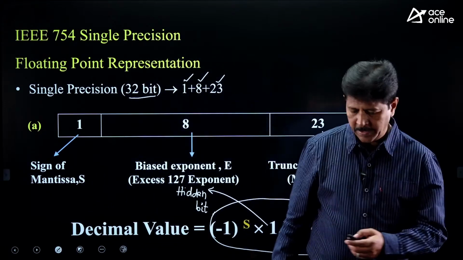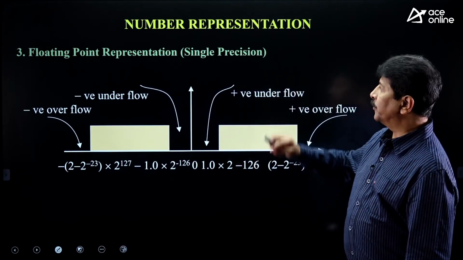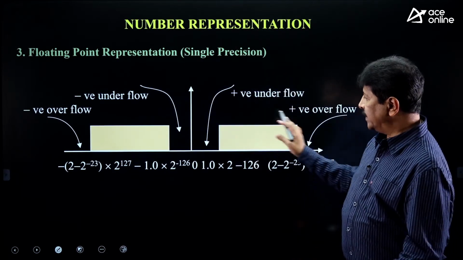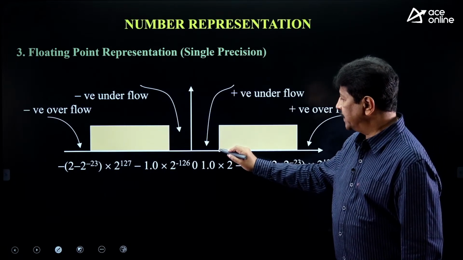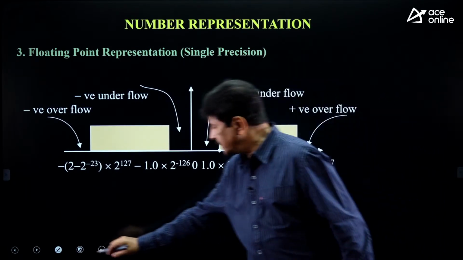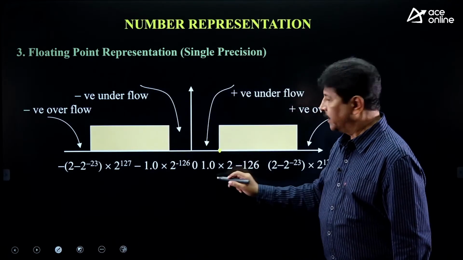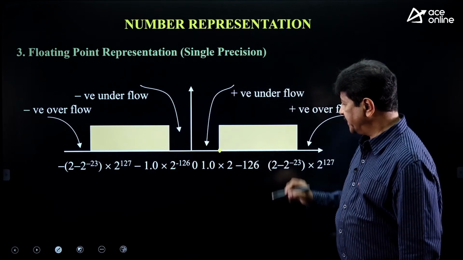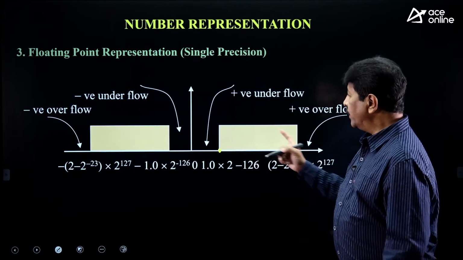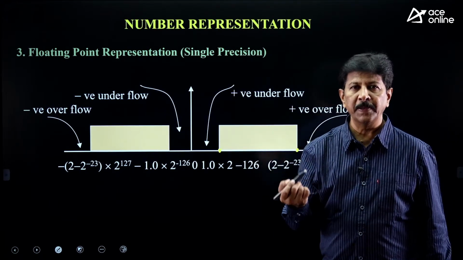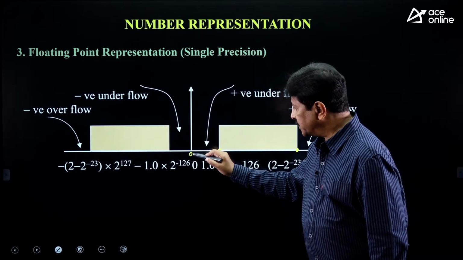In single precision floating point representation, what is the range of numbers you can represent? The minimum value that can be represented is this, 1 into 2 power minus 126, and the maximum value is this one. Beyond this, can you represent in IEEE format? Yes, these will be shown as special numbers.